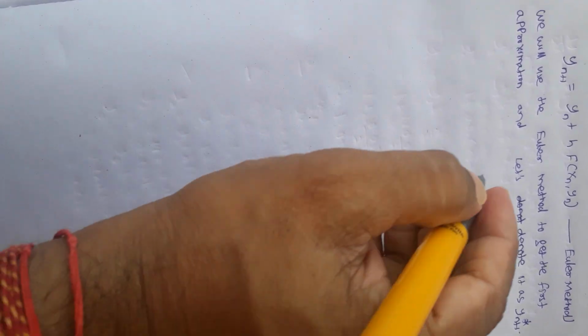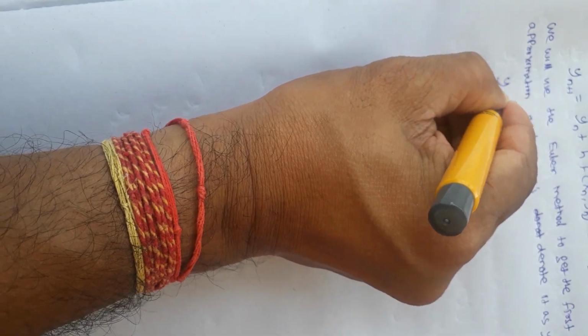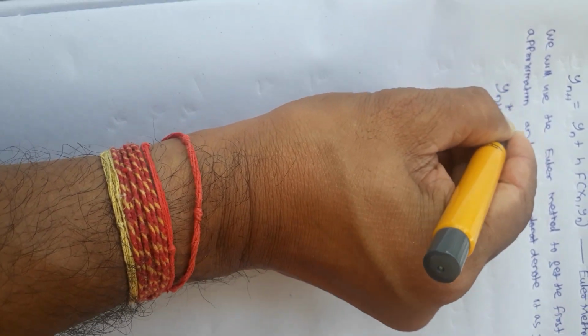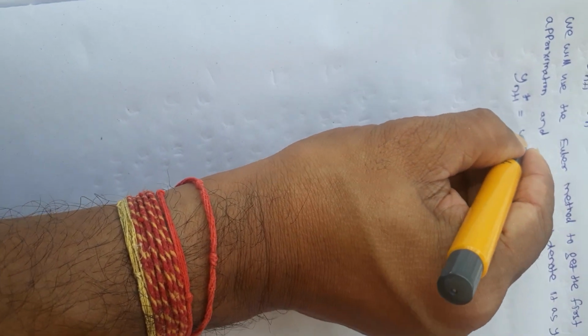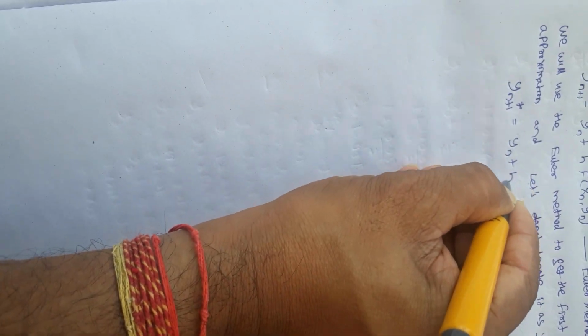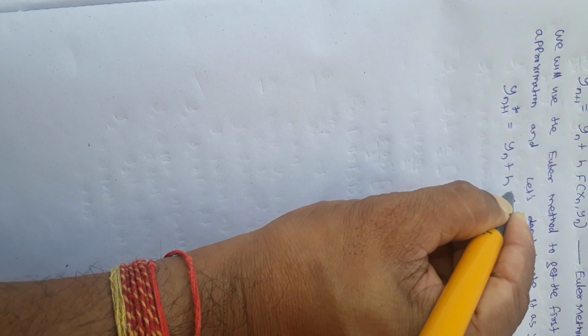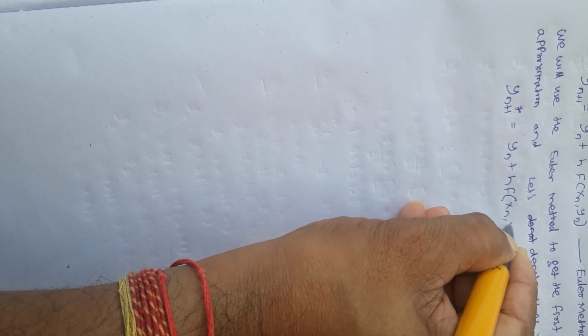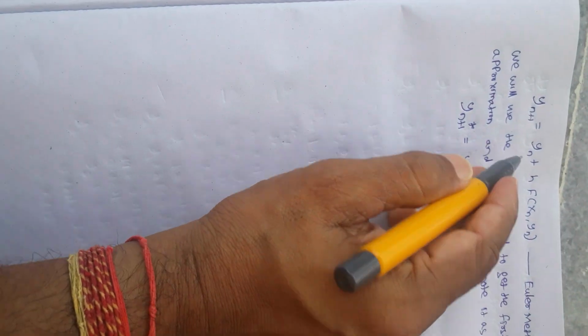So what was the previous Euler method? y n plus 1 star will be y n plus h into f of x n, y n.